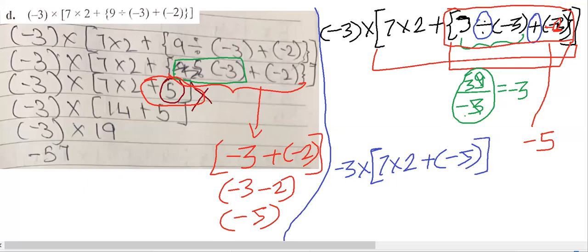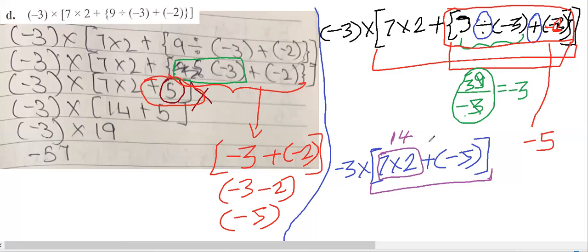Now here I need to solve which one? I need to solve within this. Correct? Now, first I will give preference to what? Plus or multiply? I will give preference to multiply. So I am going to first solve this. What is 7 into 2? It is 14. So I will write this 14 here.